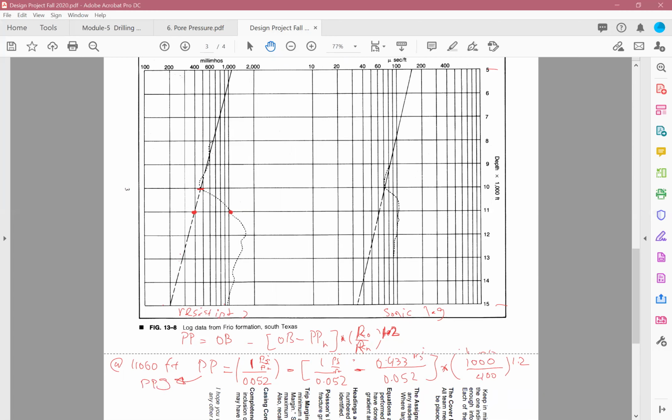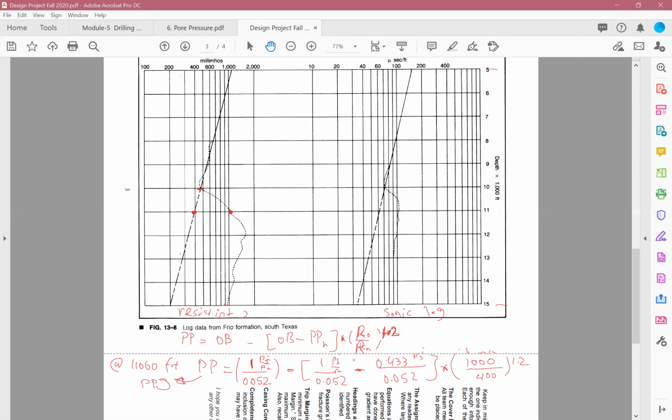And you would need to convert this pore pressure. Let me calculate it here. That is 1 divided by 0.052, that is 19.23, minus 0.433 divided by 0.052, that is 10.9.